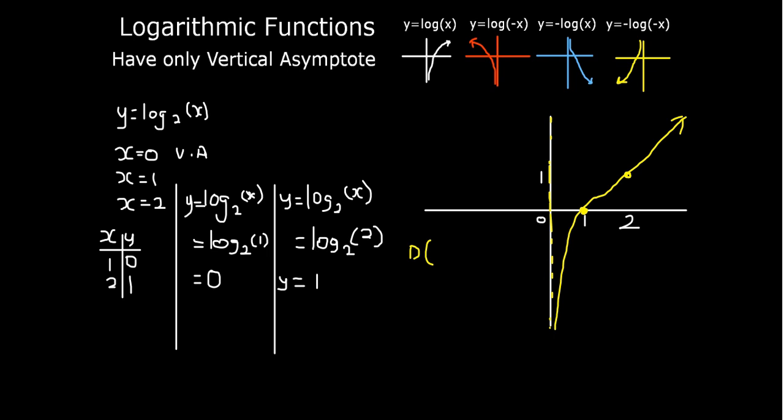What is the vertical asymptote? Remember, it is 0.